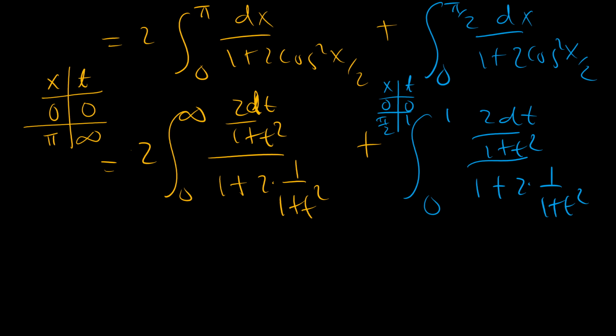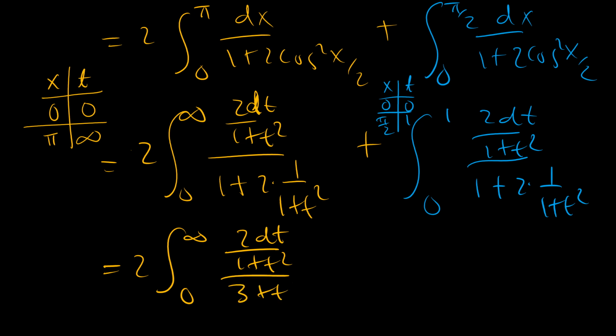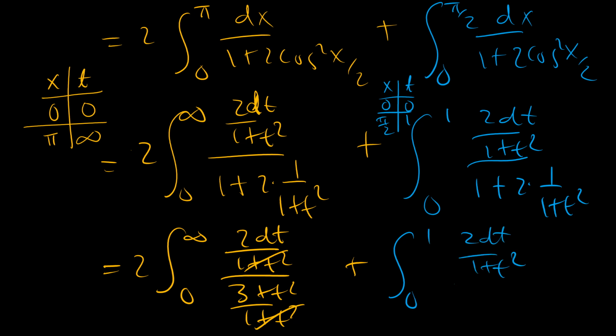Okay, so it becomes 2 times the integral from 0 to infinity of 2 dt over 1 plus t squared, over 3 plus t squared over 1 plus t squared. This and that will cancel. Plus, in the same vein, we'll write the same thing, 0 to 1, 2 dt over 1 plus t squared, over 3 plus t squared over 1 plus t squared. This and that would cancel, right?